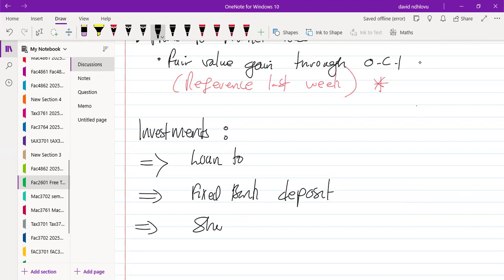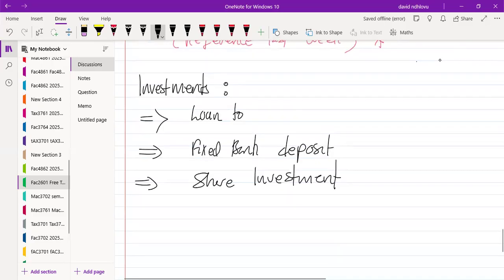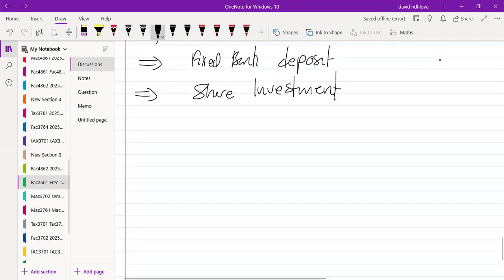So we have a share investment, meaning the company has bought shares in another company. All these three items represent possible investments that a company can make. And out of this investment, we have a portion that we call an investment in a subsidiary.